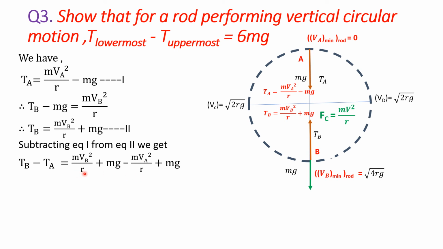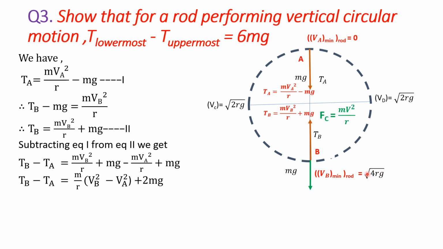From this equation, we can take out the common term m upon r from m Vb square upon r and m Va square upon r, and we can write the equation as Tb minus Ta is equal to m upon r into the bracket Vb square minus Va square, close the bracket, plus 2mg. Now, we can substitute the values of Vb and Va from this vector diagram.